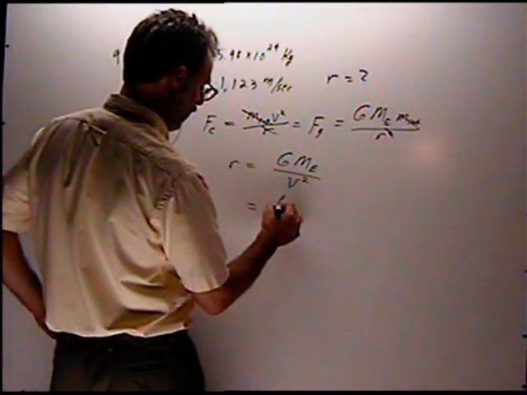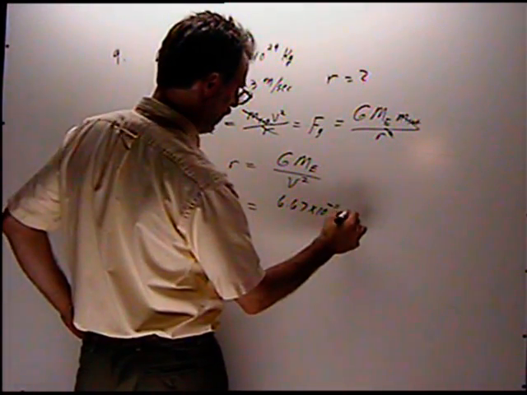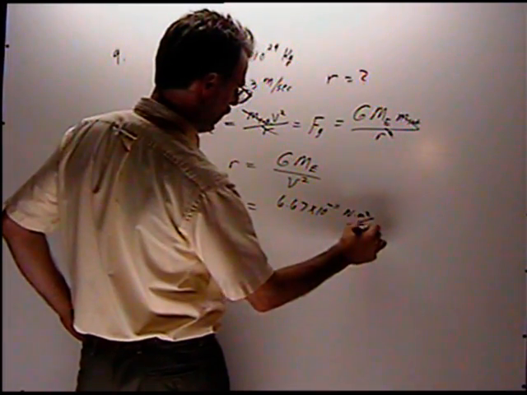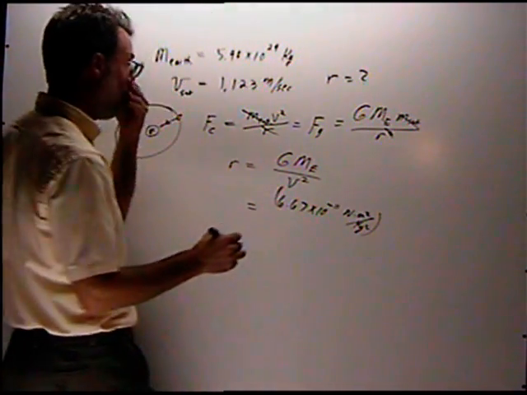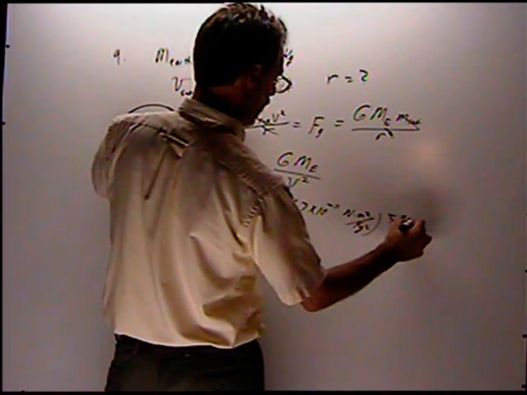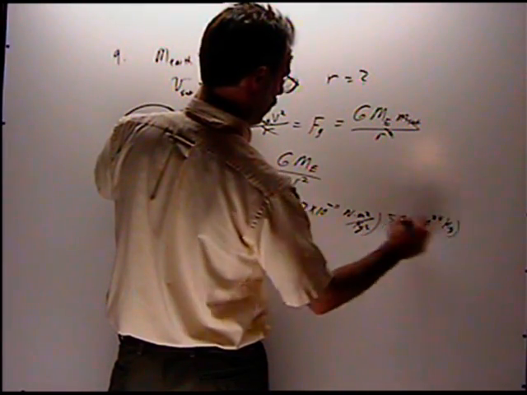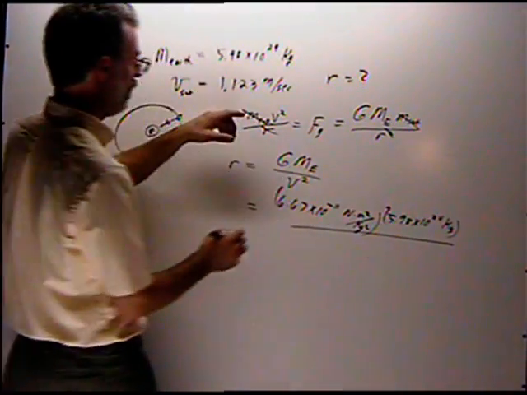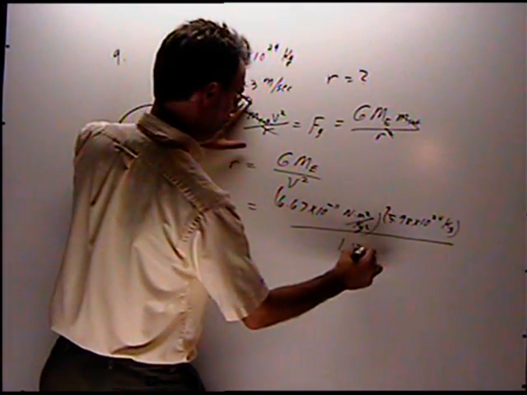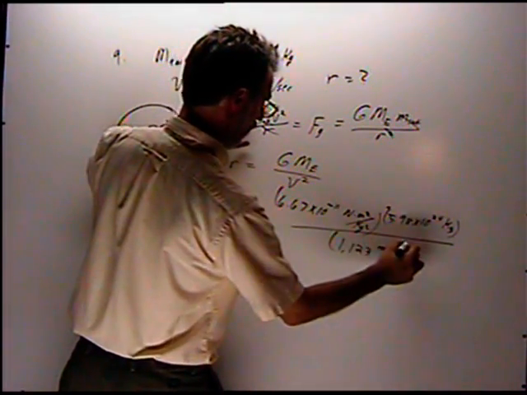And we get 6.67 times 10 to the minus 11 newton meter squared per kilogram squared, times the mass of the Earth, 5.98 times 10 to the 24th kilograms, divided by the velocity squared. And they give you the velocity, and you have to square that.